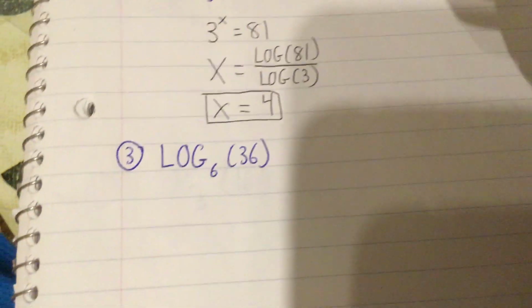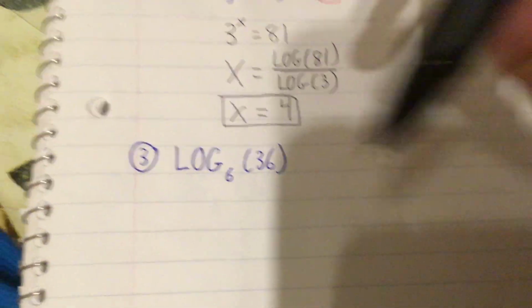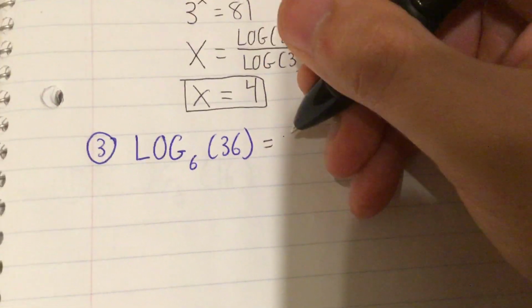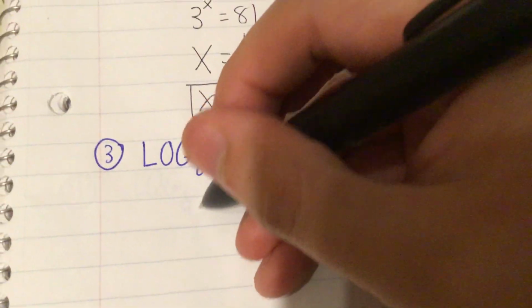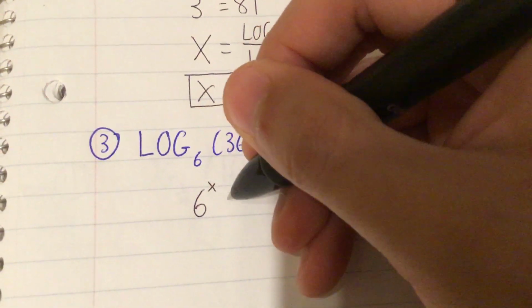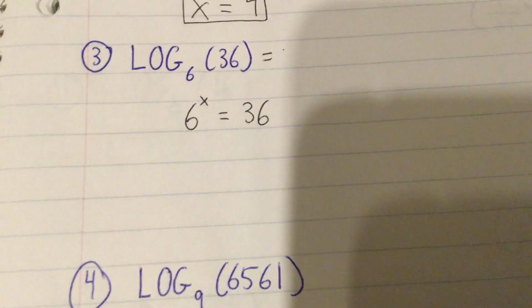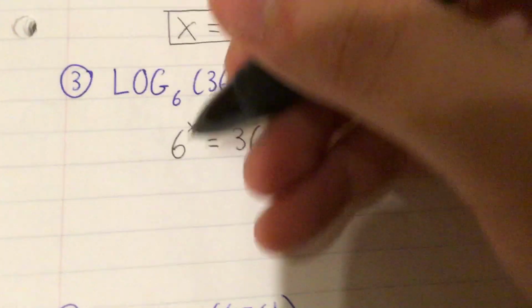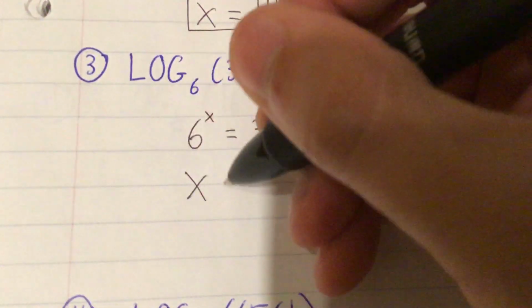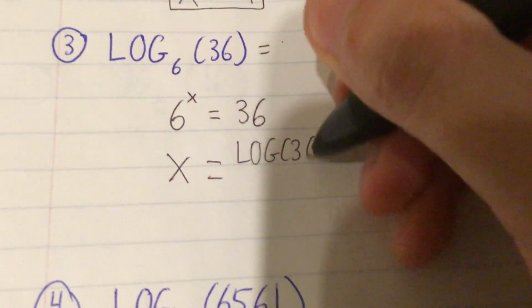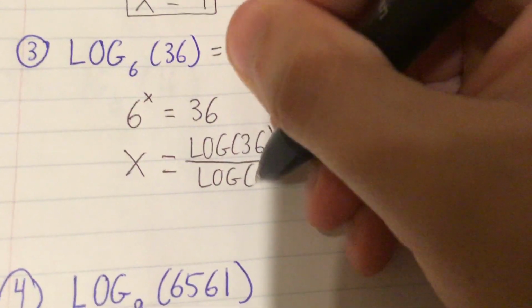Okay, so let's take a look over here. Log base 6 of 36. So we don't know the exponent, so we've got 6 to the x power is equal to 36. Now, I want to solve for the unknown x by doing x is equal to the log of 36 divided by the log of 6.